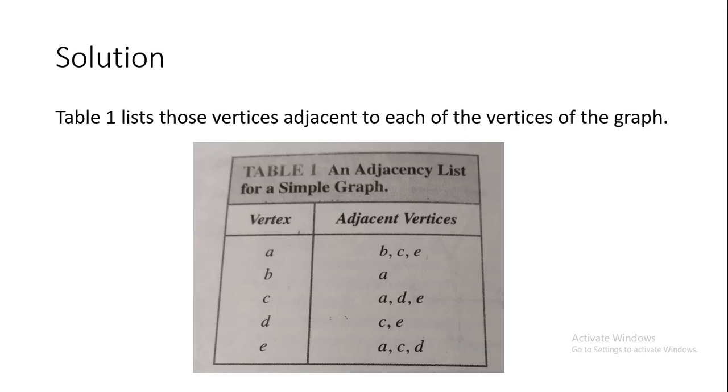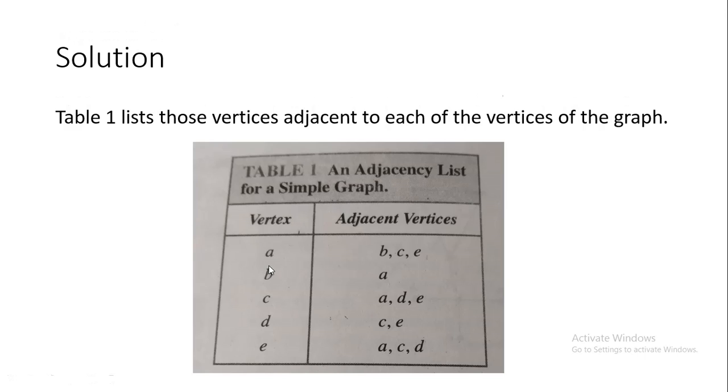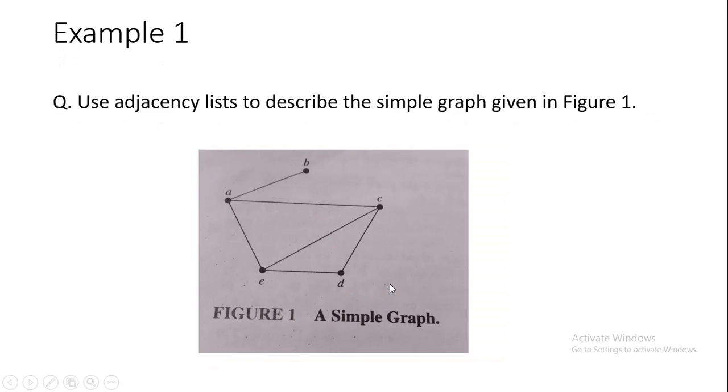In the first row, vertex A has 3 adjacent vertices: B, C and E. Let's check here: A to B, A to C and A to E. Understood? B, C, E.